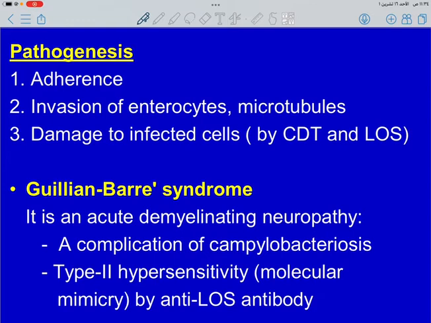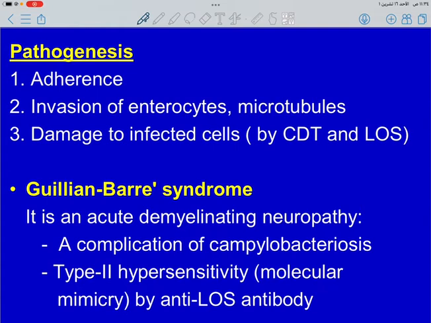These antibodies are against Campylobacter, but they cross-react with the myelin sheath and cause damage to it, and this will result in a syndrome called Guillain-Barré syndrome. We will talk about it later on in the central nervous system.